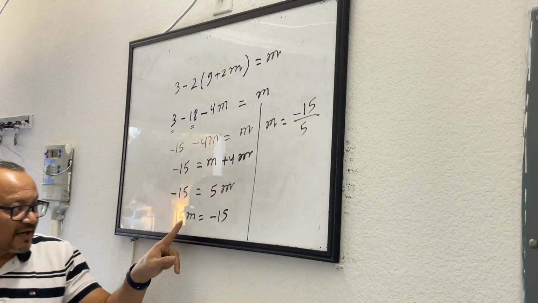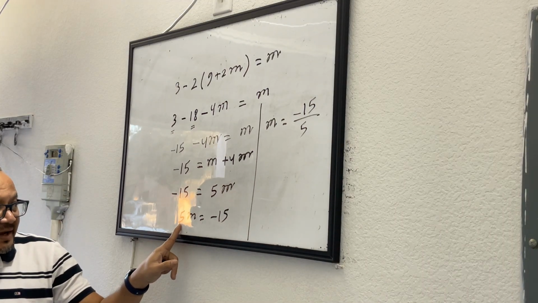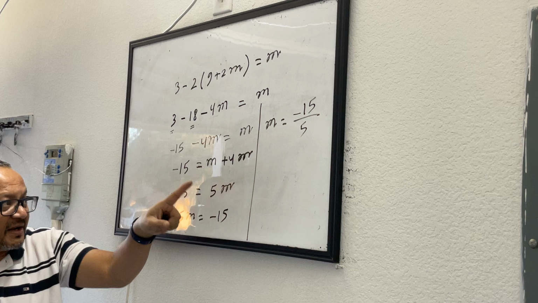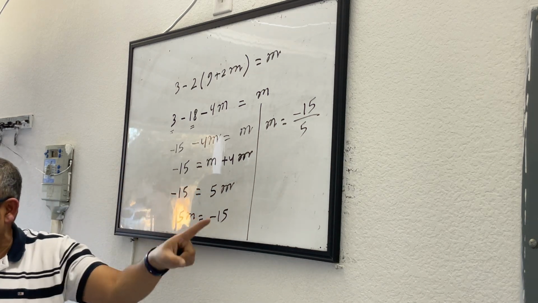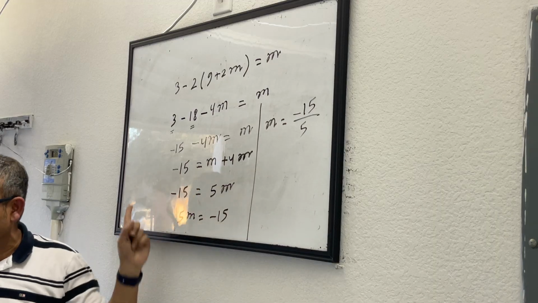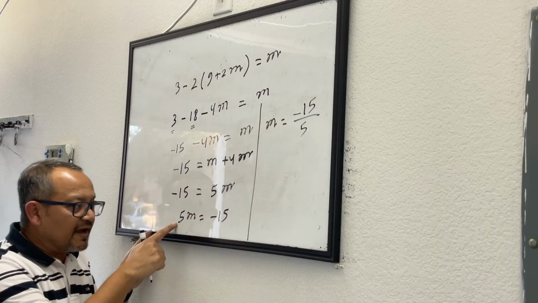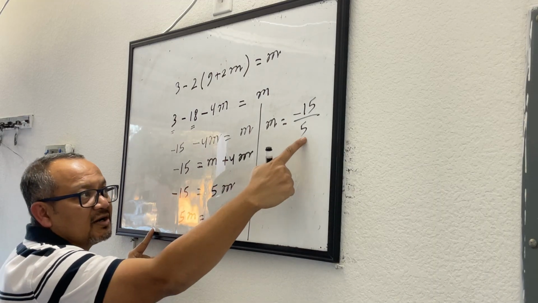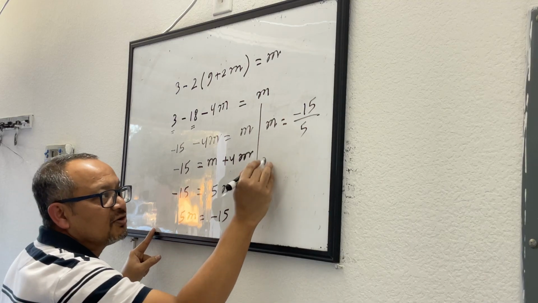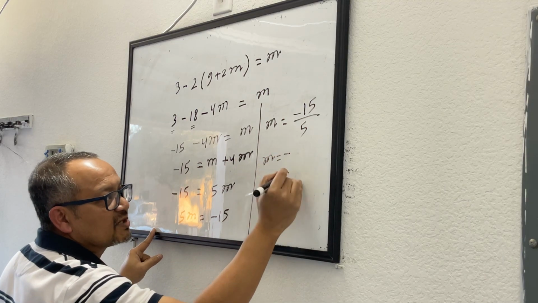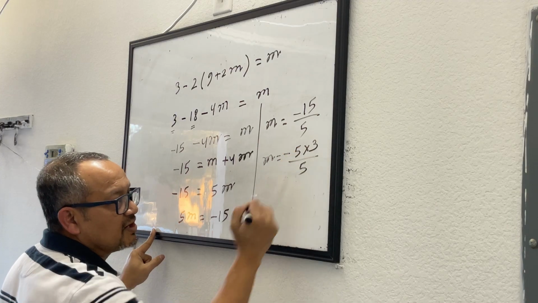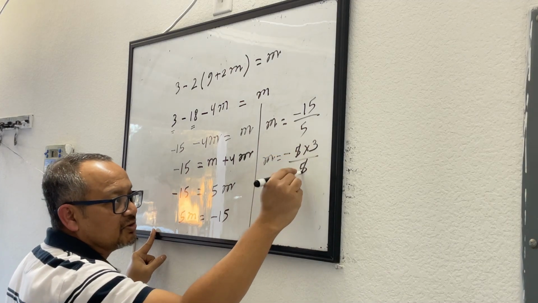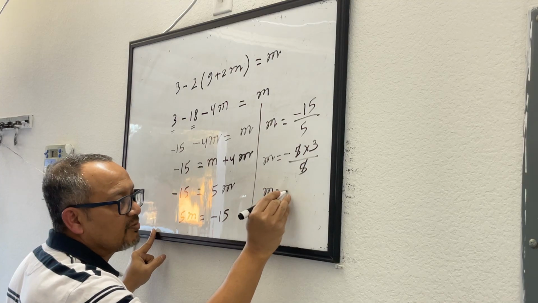Positive becomes negative, negative becomes positive, multiplication becomes division, division becomes multiplication when you make it cross the equal to sign. So this 5 times will become division here. Now you know what to do. Minus remains minus, 15 you can break into 5 into 3 and this 5 here. Time to do tic-tac-toe. Your m equals minus 3.